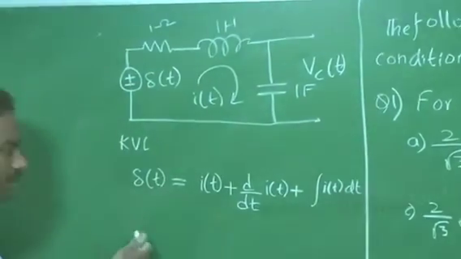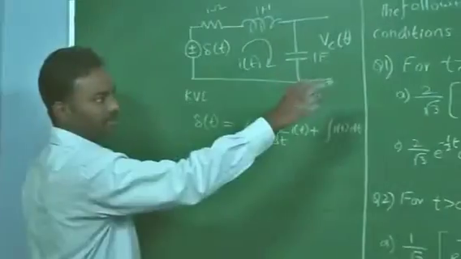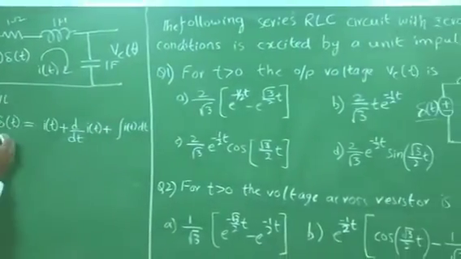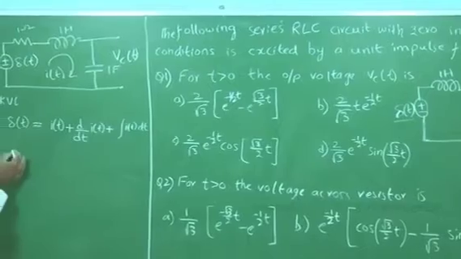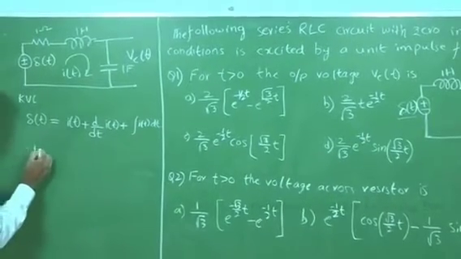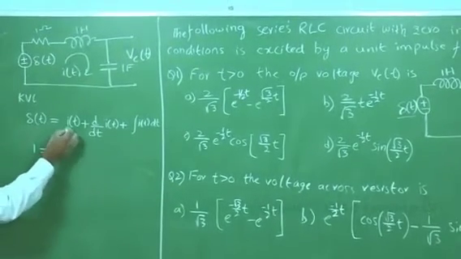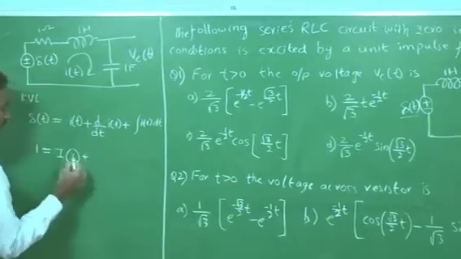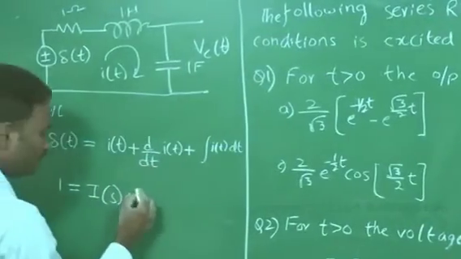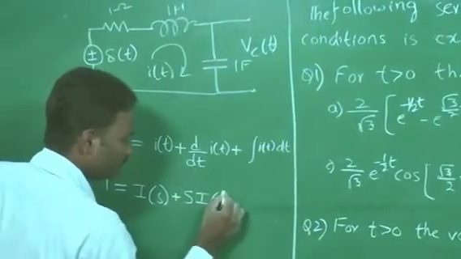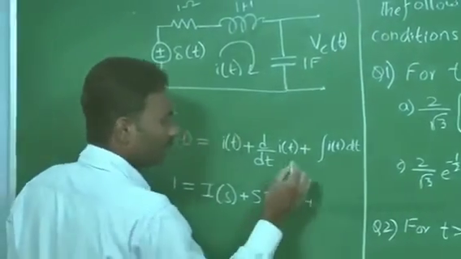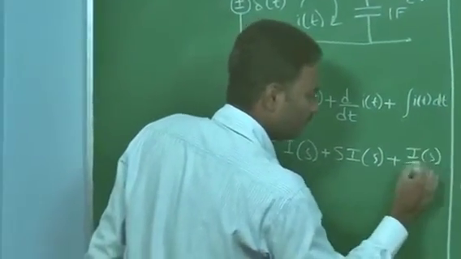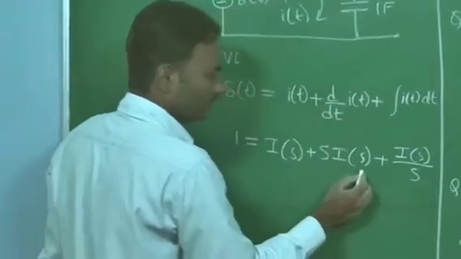Taking the Laplace transform of this function, and since the circuit has zero initial conditions, the Laplace transform of δ(t) is 1. It equals, letting the Laplace transform of i(t) be I(s), I(s) plus s times I(s), plus I(s)/s, which is the Laplace transform of the integral of i(t).